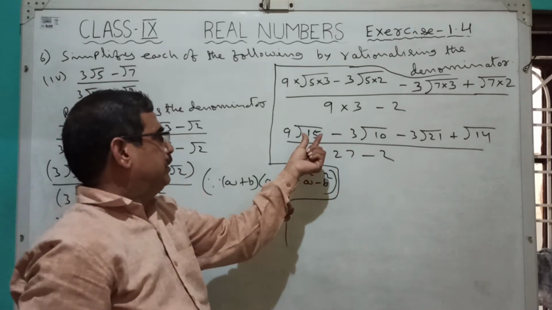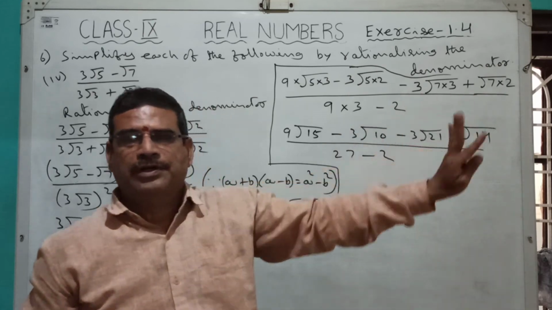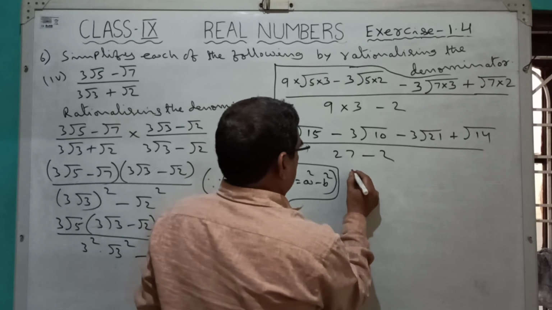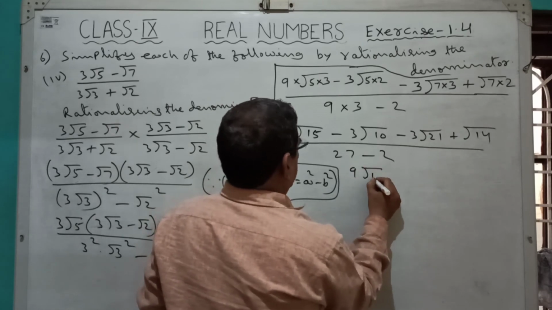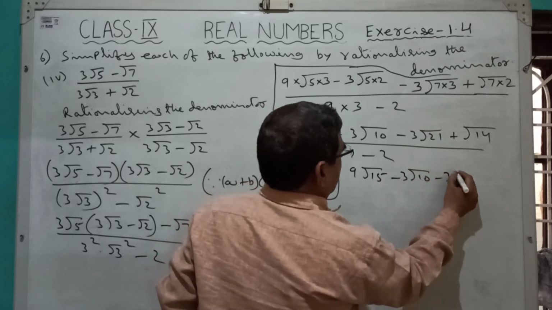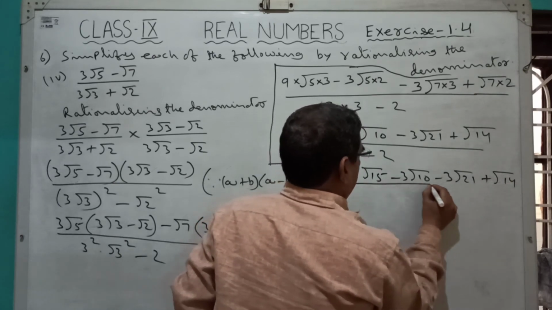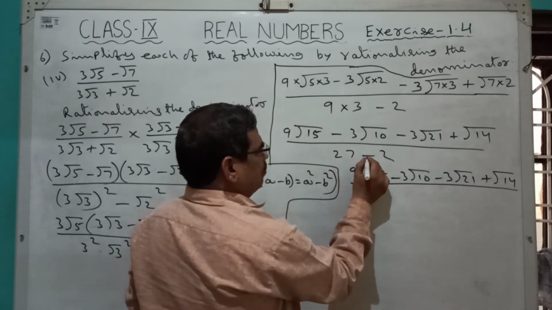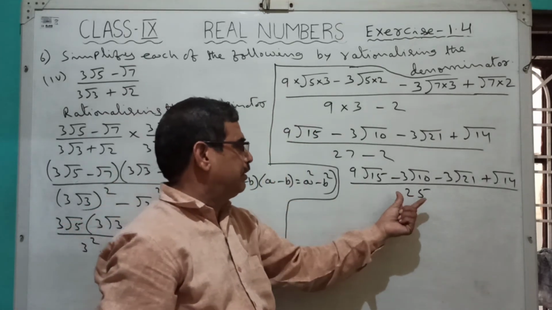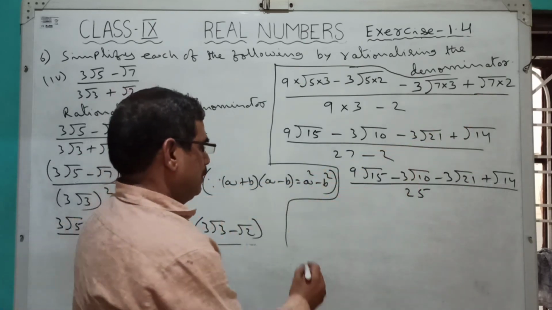So this is here root 15, root 10, root 21, root 14, all are different numbers. So we cannot add or subtract. So simply I am writing that number. 9 root 15 minus 3 root 10 minus 3 root 21 plus root 14 by 27 minus 2, 25. So 25 will not get cancelled by the numerator. So this is the final answer.